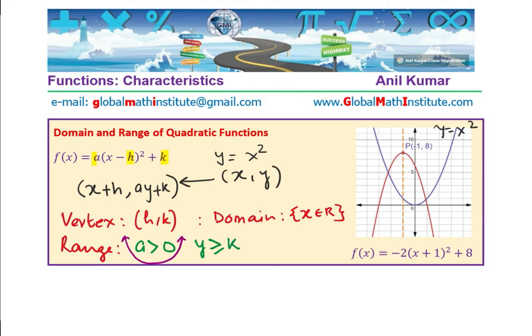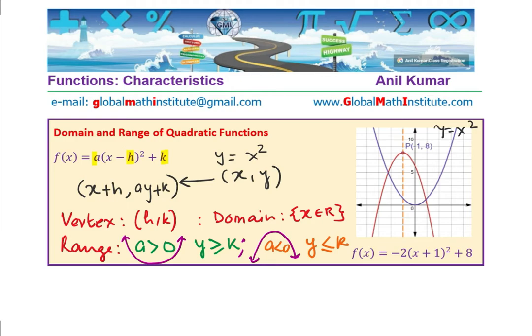However, it opens downwards if a is less than 0. So let me write down in a different ink what happens when a is less than 0. Well, if a is less than 0, in that case y will be less than or equal to k. Perfect. So that is the basic concept, and so simple as that.